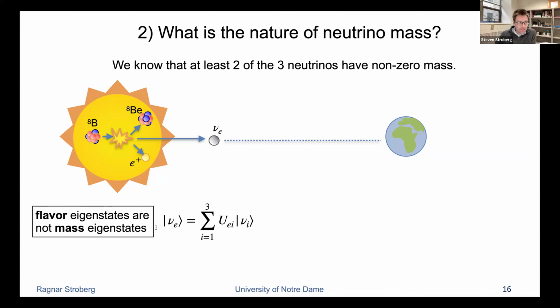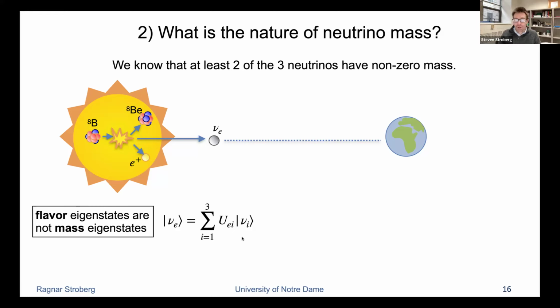So the way to understand this is that the essential point is flavor eigenstates for neutrinos are not mass eigenstates. So an electron neutrino is a linear combination of 3 neutrinos with different masses. Or you can say that a neutrino with a given mass is a linear combination of the 3 flavors of neutrino.